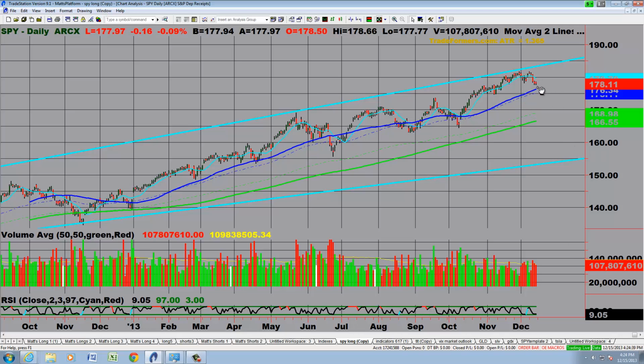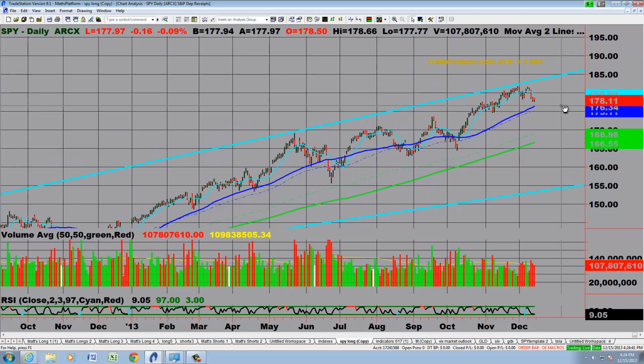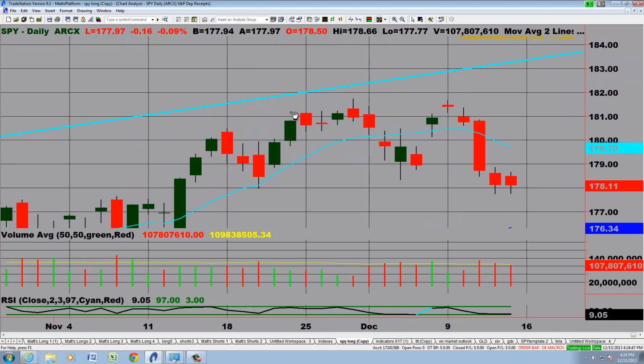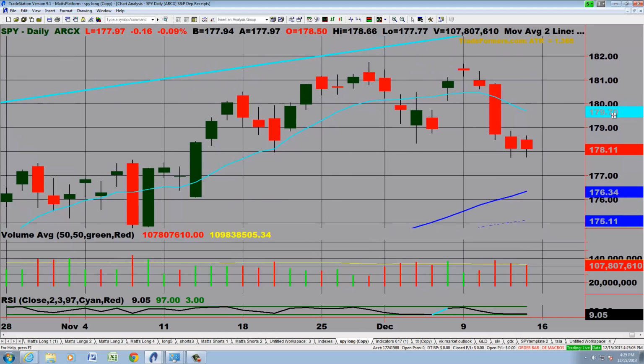We're now trading under the 10-day moving average, and we do have this potential double top formation. You can see as we've approached new highs on a number of days here, new high here, new high here, new high here, and new high over there, we've not been able to follow through and have really made actually downward action over the last several weeks.